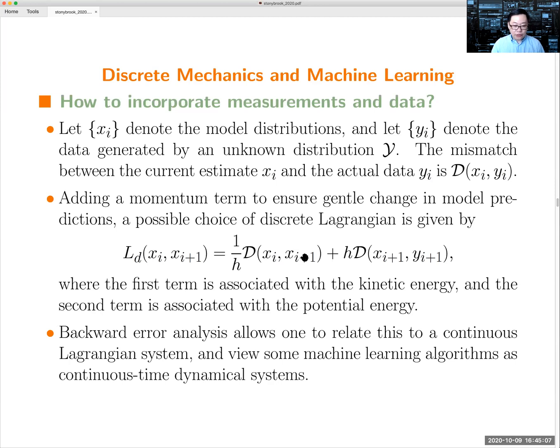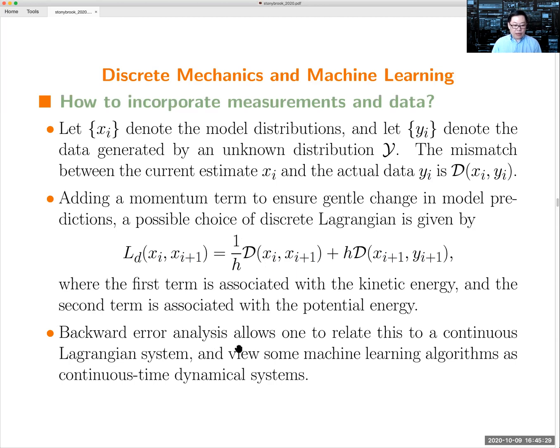So the divergence function plays a dual role: in constructing the potential energy, measuring the mismatch between the estimator and the real world, and it also has a kinetic-like energy term having to do with the previous state and the current, or updated, state.